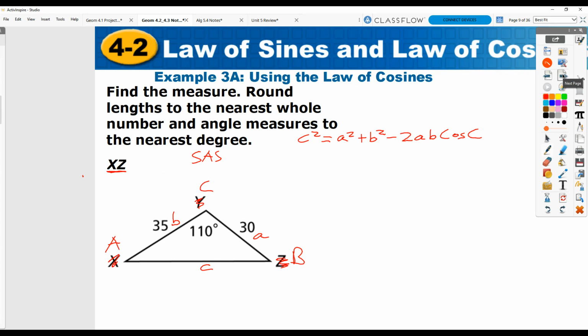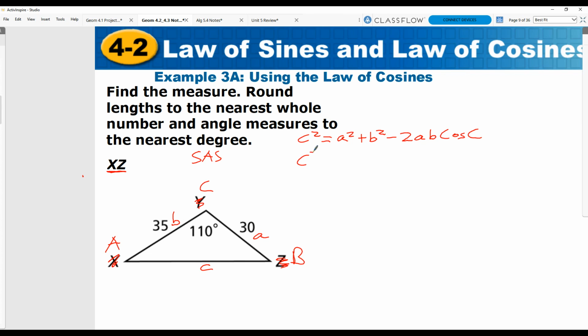Now what we've got to do is plug in all of our numbers and do some calculating. We don't know what C squared is, so we're going to leave it as C squared is equal to, and start filling in all of our numbers.